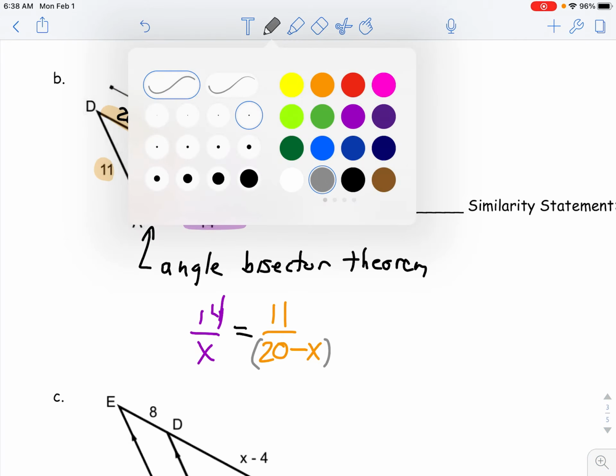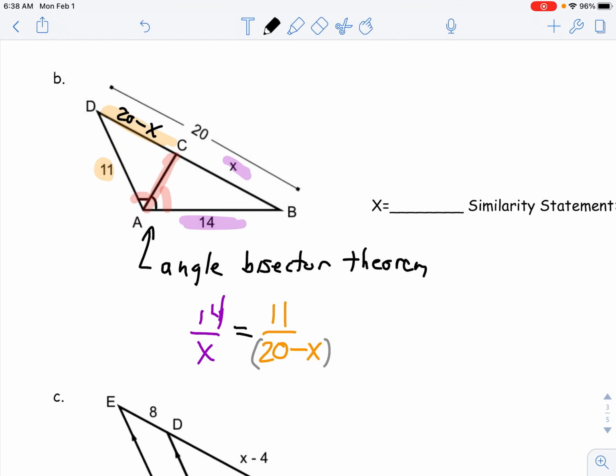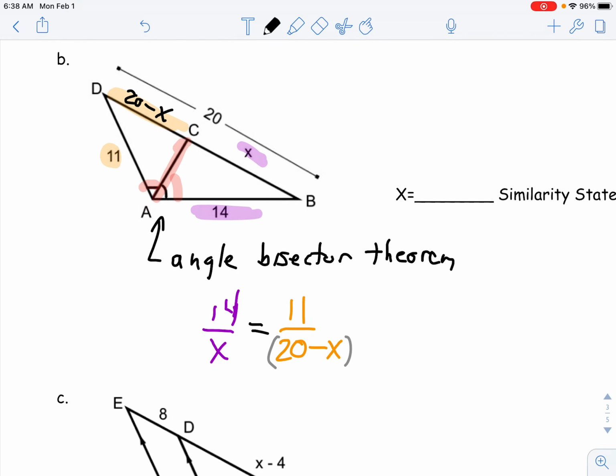All right. And then again, just a quick recall, there's multiple ways. Like you could say, well, x over 14 equals 20 minus x over 11. That's legal. You might be doing this on your own and you might be having different stuff than me, but as you're checking your work, realize that's legal. You could say 14 to 11.